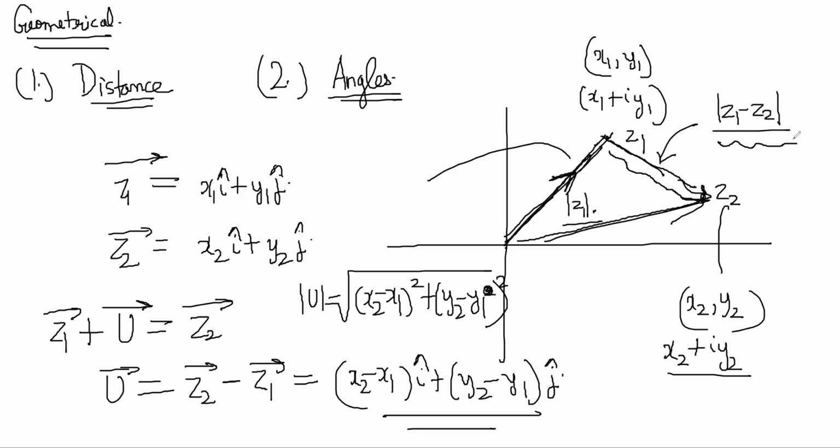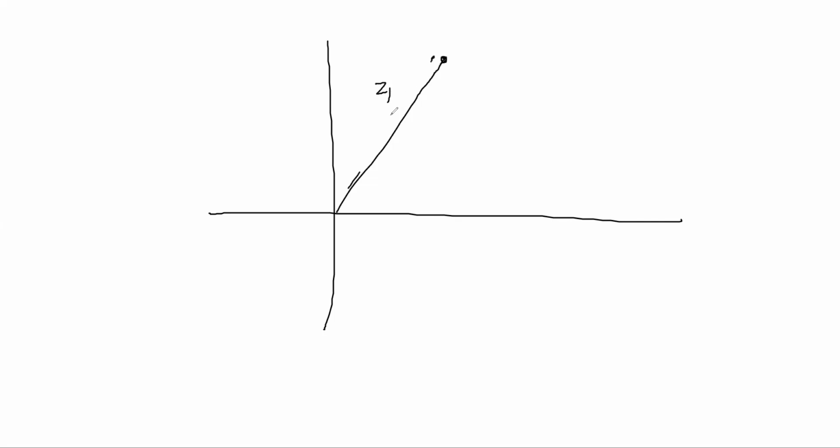So basically what we know is complex numbers can also be represented as vectors where each complex number is a position vector from the origin. This is a position vector from origin, which is Z1. This is a position vector from origin, which is Z2. So this third vector is clearly going to be Z2 minus Z1.